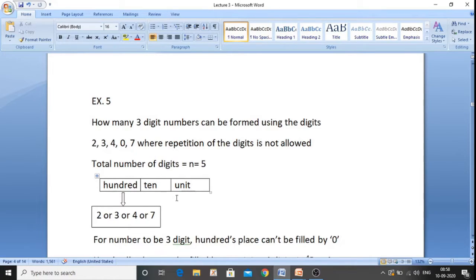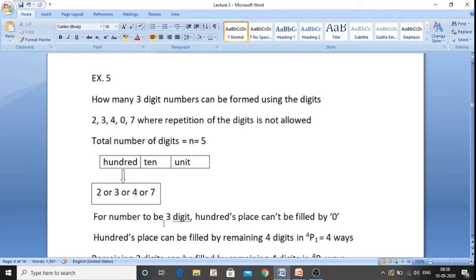That means it will become 2 digits. It will not remain 3 digits. That means 0 is not applicable in the hundreds place. So for the number to be 3 digits, the hundreds place cannot be filled by 0.